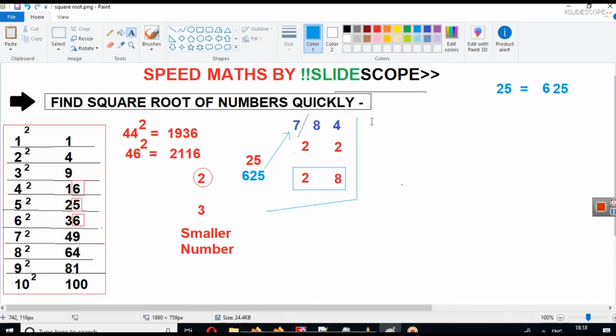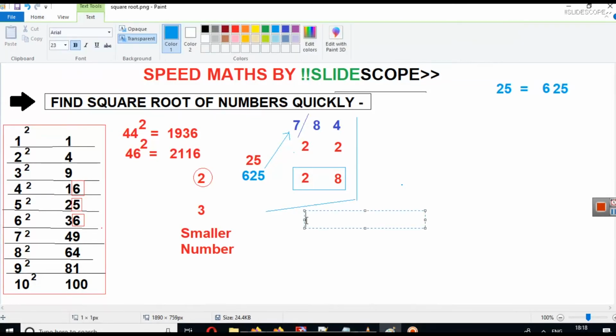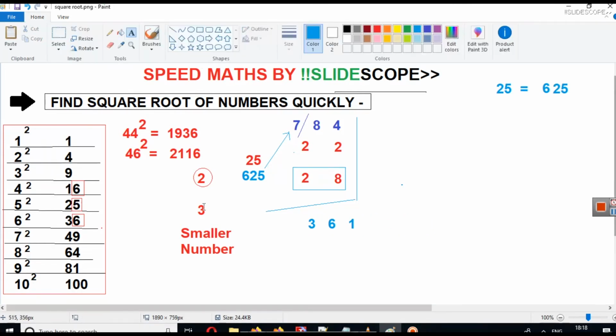So let's take another example here. Let's say the number is 361. We have to find the square root of this particular number. Again, similarly we will break our number into two parts, 3 and 61, as we did in this case. First see which two numbers have their square ending in 1.